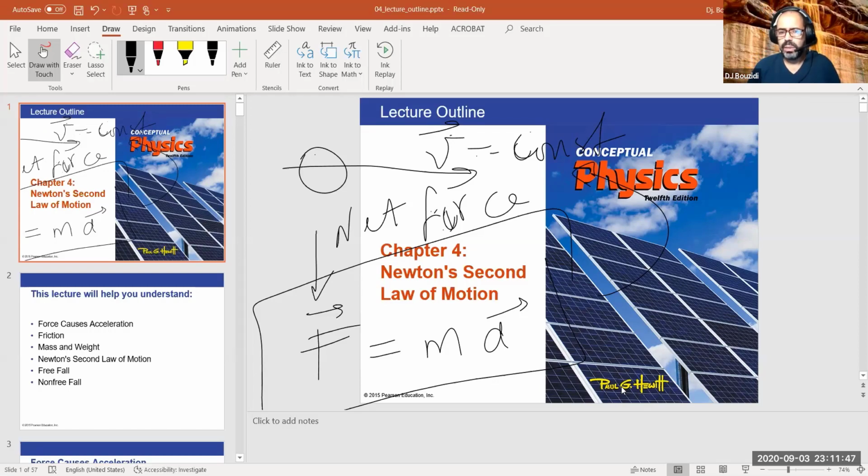I think this is basically the entire chapter. It summarizes into this expression. You can say F equals ma. By far, F equals ma is the most important concept that you will learn in this class. In Physics 10, if anything at all you learn from it, it is this expression, F equals ma.